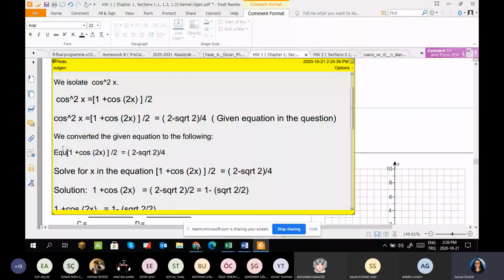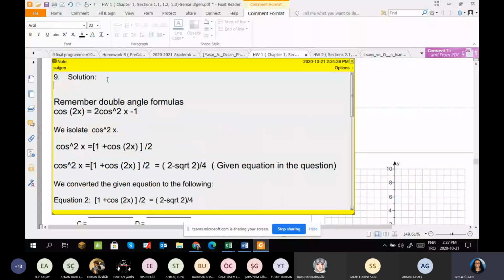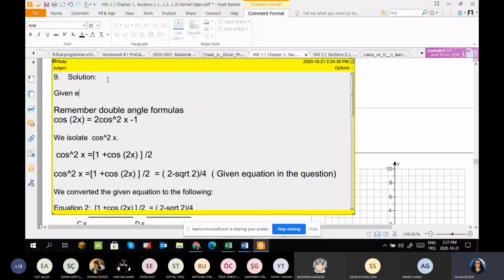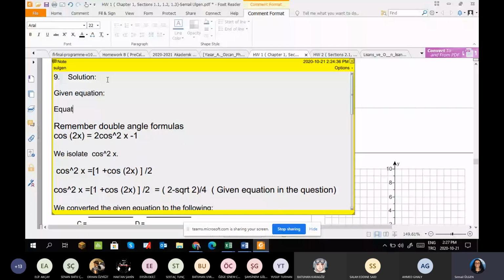What's my original equation? Let me copy the given equation. Equation 1 is the given equation, which is this one. Let me write this like that.